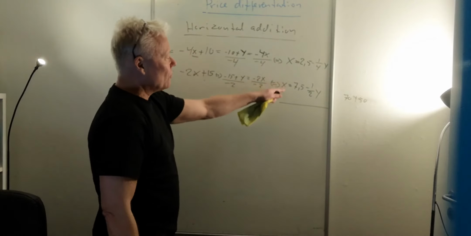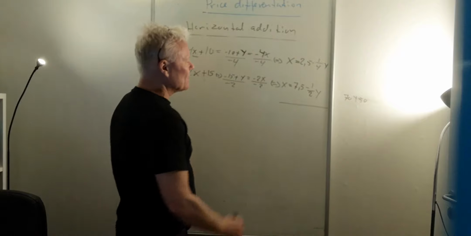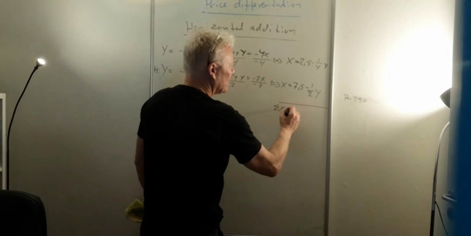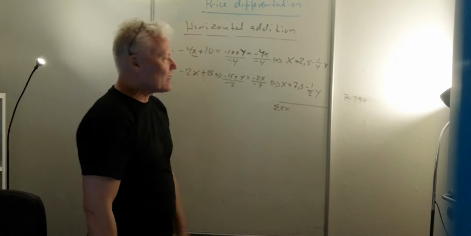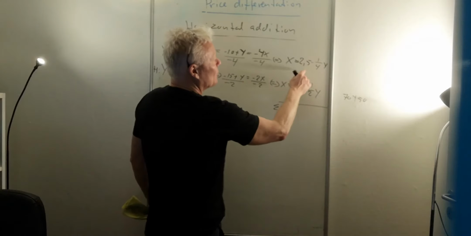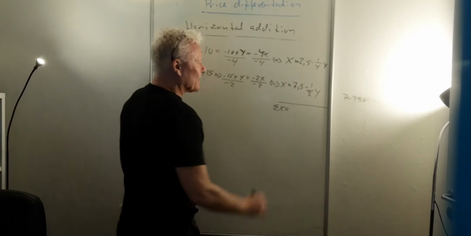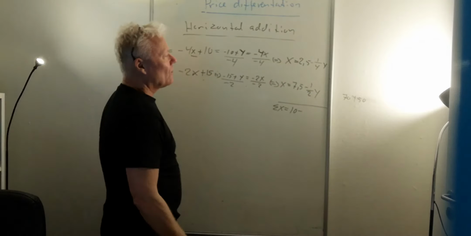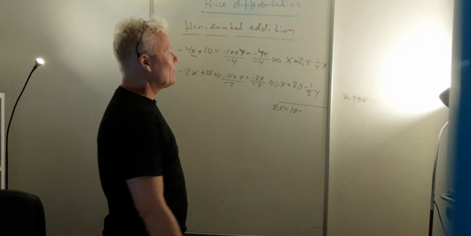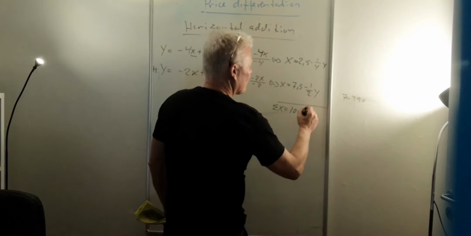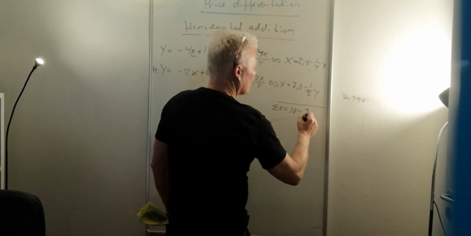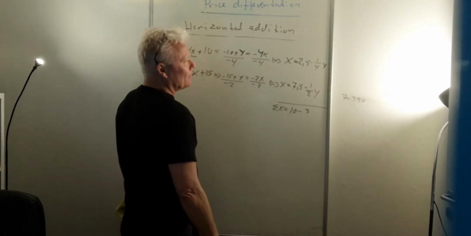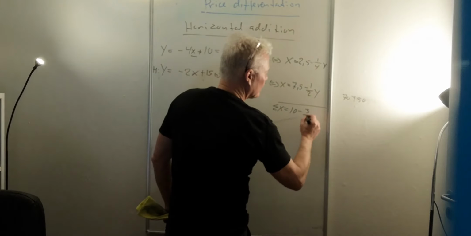So I have a total x, we can call it sum x, is equal to a big X: 2.5 plus 7.5, that's 10, minus 1/4 and a half, and that is minus 3/4 y.